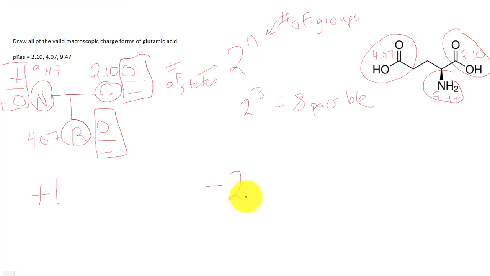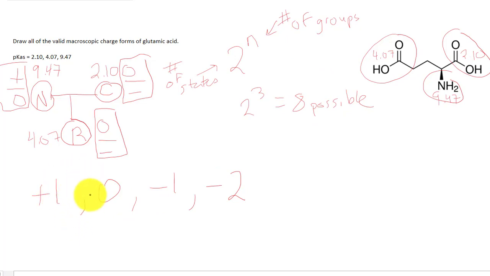And so these ones will go between 1 and -2 in integer values, because each of these can only switch in an integer from 0 to -1 or 1 to 0. So they have to step 1 at a time, and they have to go through 0. And so if I'm trying to connect my +1 to my -2, I have to go through 0. I'm going to subtract 1 each time. And that gives me my 4 macroscopic charge forms that are available out of 8 possible.